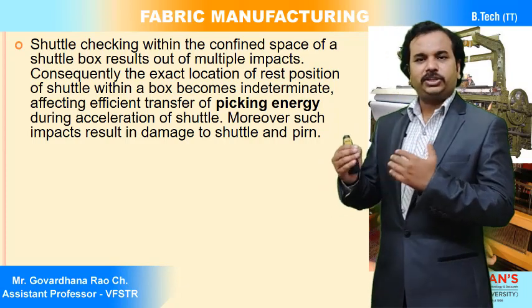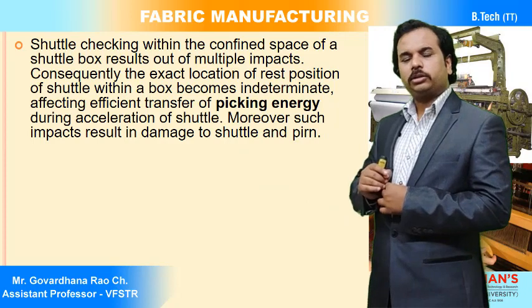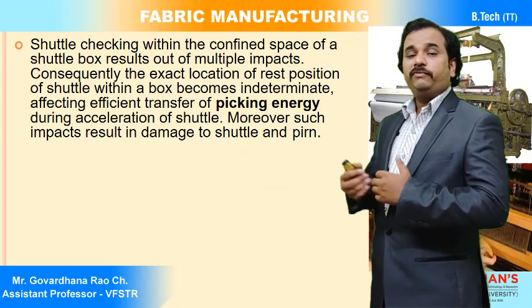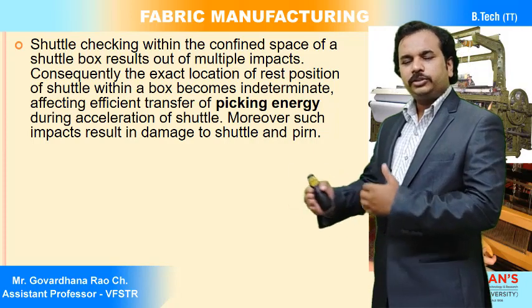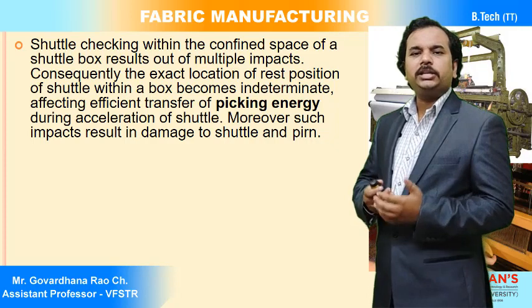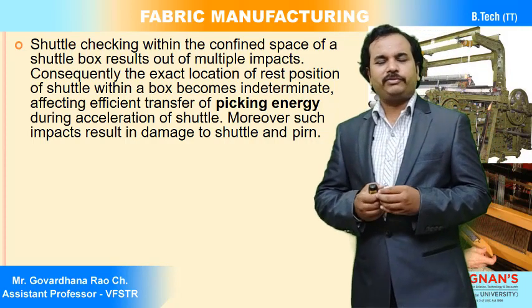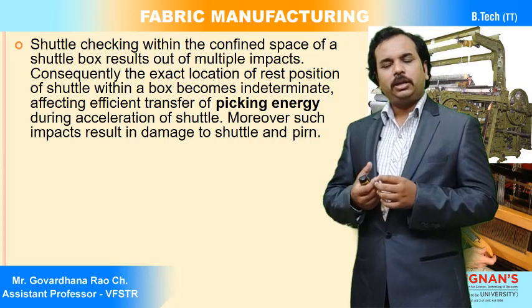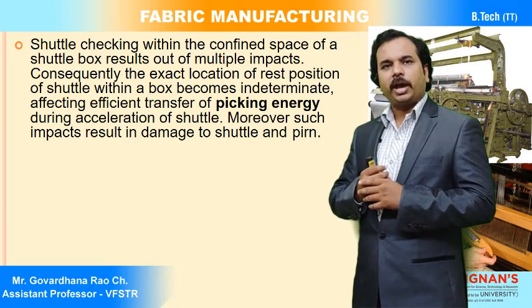Sometimes, for example, if the shuttle is at the back side, at the end of the shuttle box, the force is different. If the shuttle is placed just at the start of the shuttle box, the energy for picking is different. So the acceleration of the shuttle is going to vary.